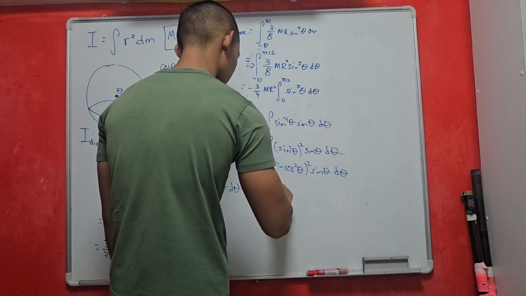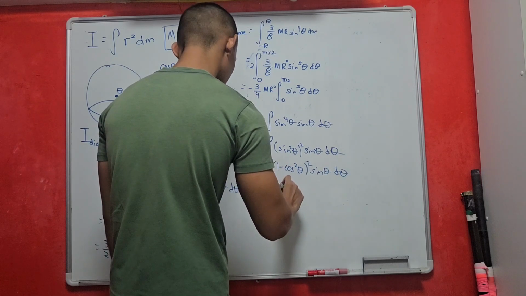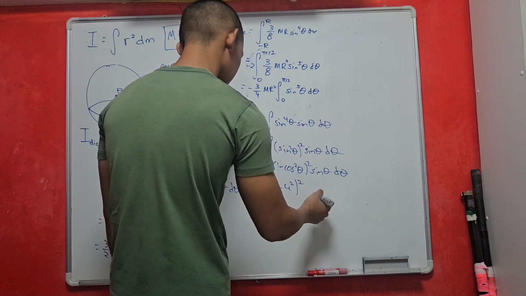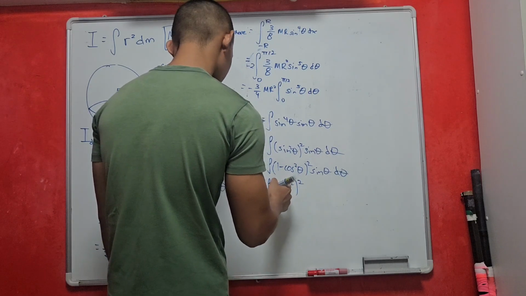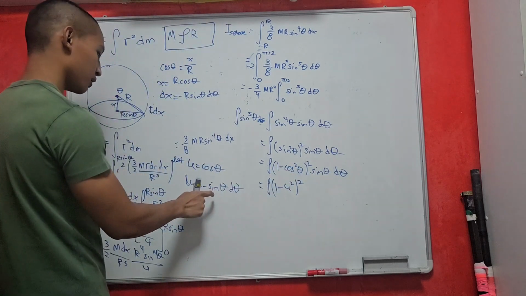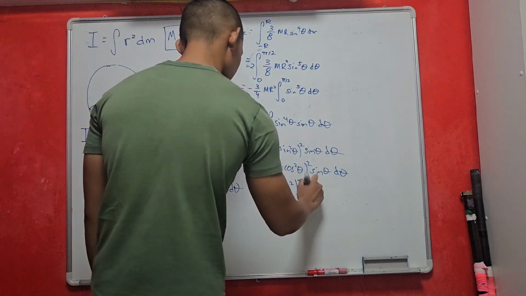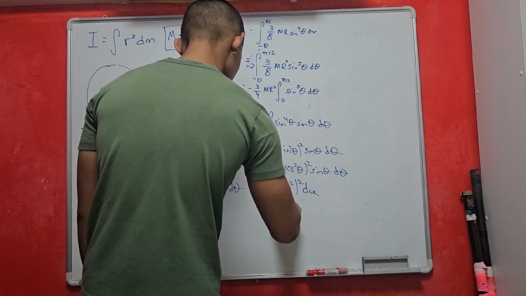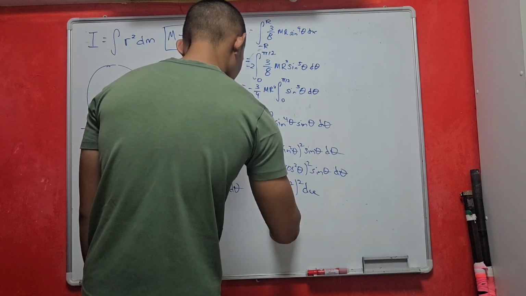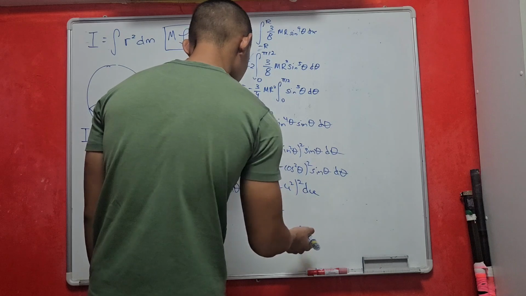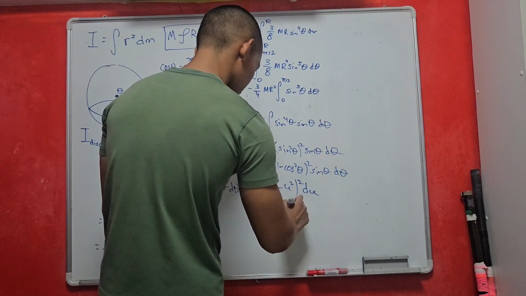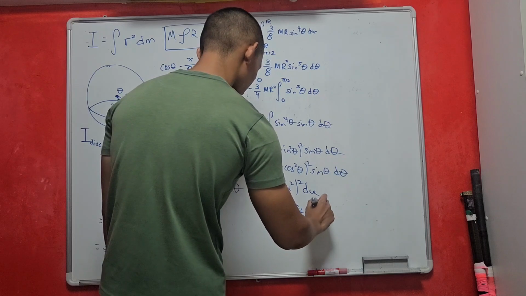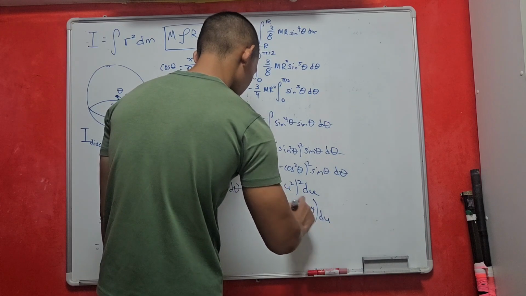Then I'll get this to be 1 minus u squared, squared, and I can actually just substitute this, right? So this will be minus du, and simplify this to be negative 1 minus 2u squared plus u to the power of 4 with respect to du.